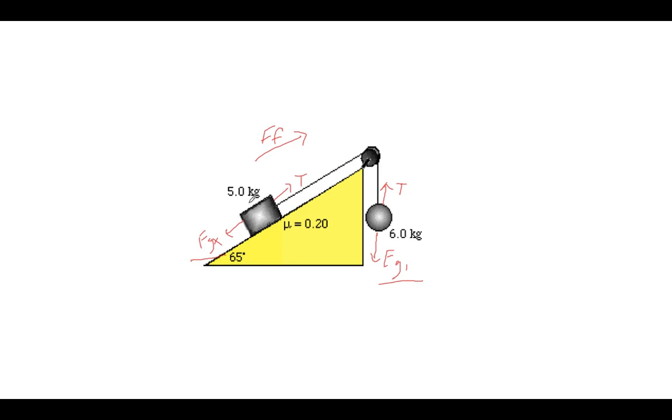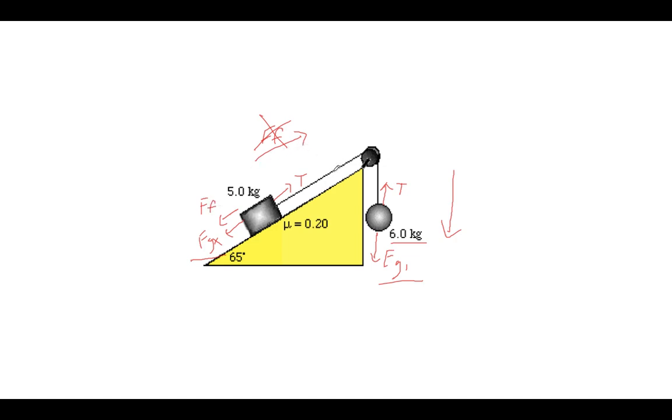But since the 6 kilogram mass has a greater force of gravity, then we know that motion is actually traveling downwards in this direction. And so the force of friction is going to act in the same direction as Fgx.